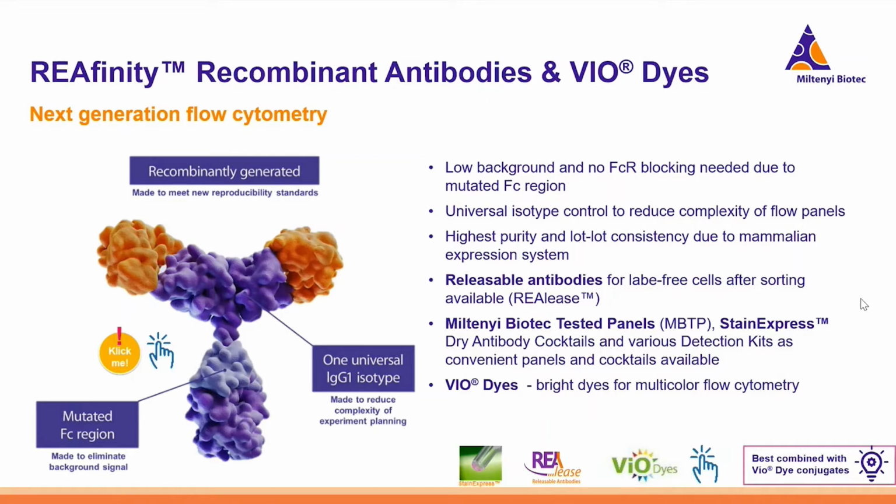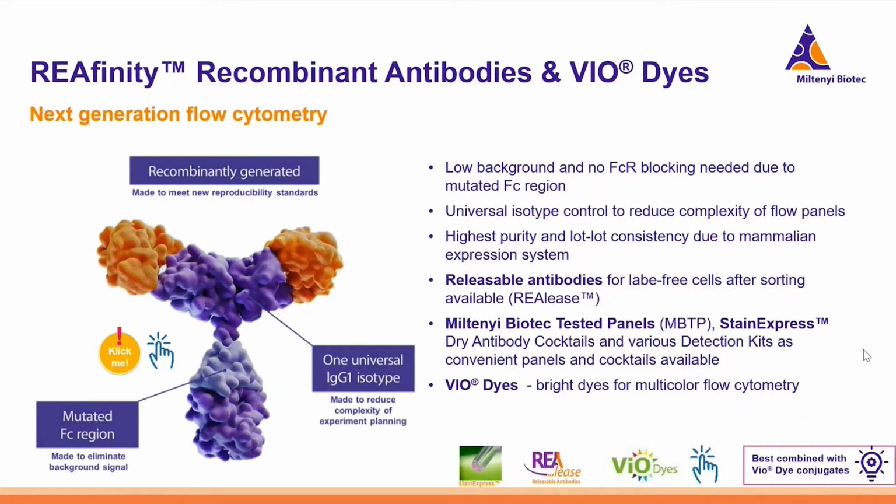Additionally, REAfinity antibodies also are part of our unique Miltenyi Biotec tested panels, various detection kits, and pre-mixed cocktails, including the innovative Stain Express dried antibody cocktails. REAfinity antibodies are hereby readily available in hundreds of specificities and are best combined with our proprietary Biodye fluorescent antibody conjugates.